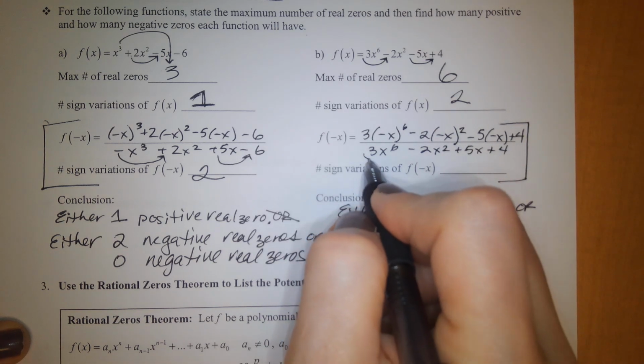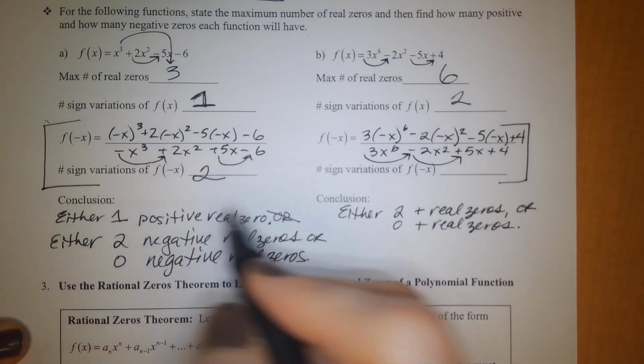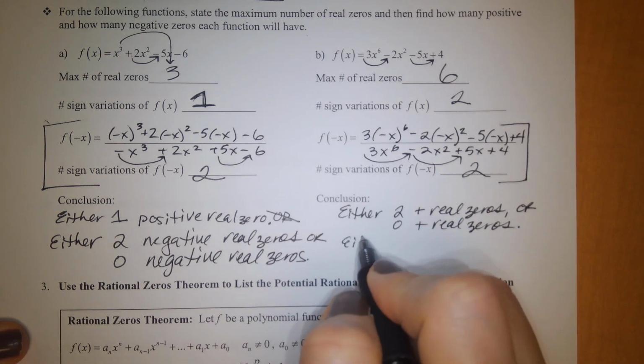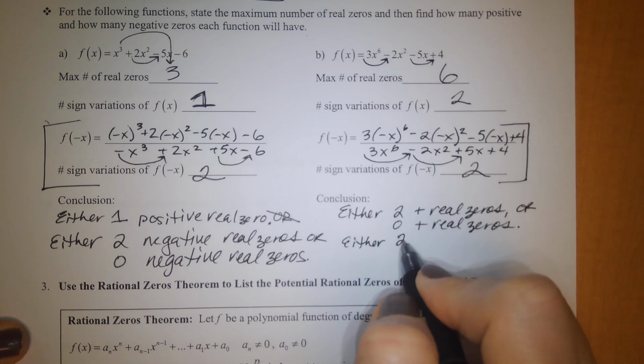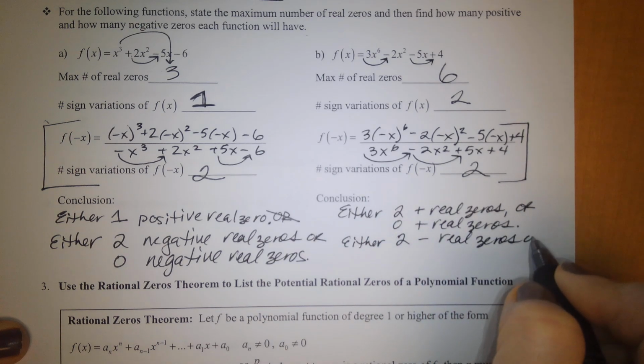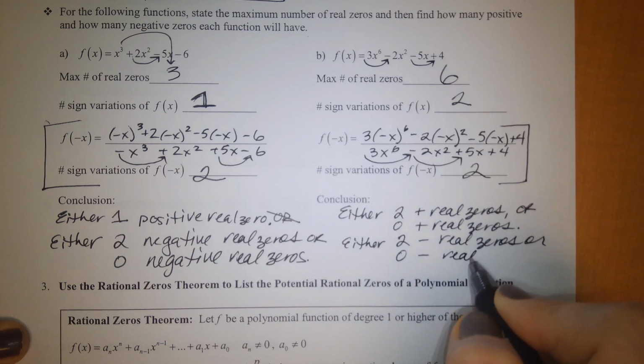So I have a sign variation here and another sign variation here, which is 2 sign changes. So I can either have 2 negative real zeros or 2 less than that, which is 0 negative real zeros.